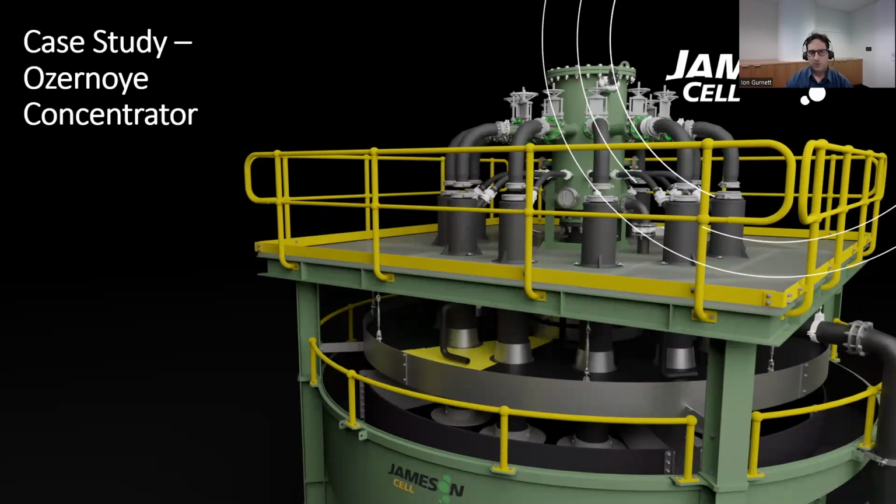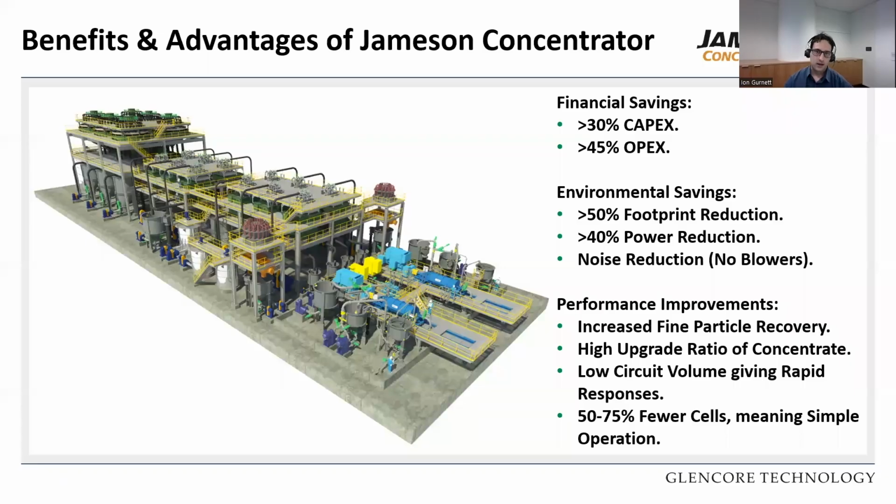Agnew. Agnew is a very good case study, and it's actually quite interesting. It's been brought up a lot, and I think it's a really good demonstration of what you can save in OPEX, CAPEX, and ESG, actually. Looking at a Jameson concentrator, which is basically the combination of multiple Jameson cells with IsaMills.